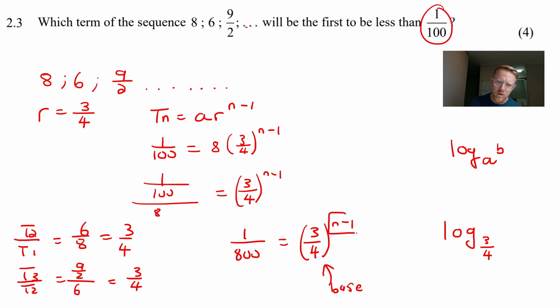And then this part and this part are now going to switch places. The 3 over 4 was with the n minus 1. Now it's going to be with the 1 over 800. And then on the other side of the equal sign, we now put the n minus 1. So all that happened was that the 3 over 4 stays the base, and then it simply switches place.